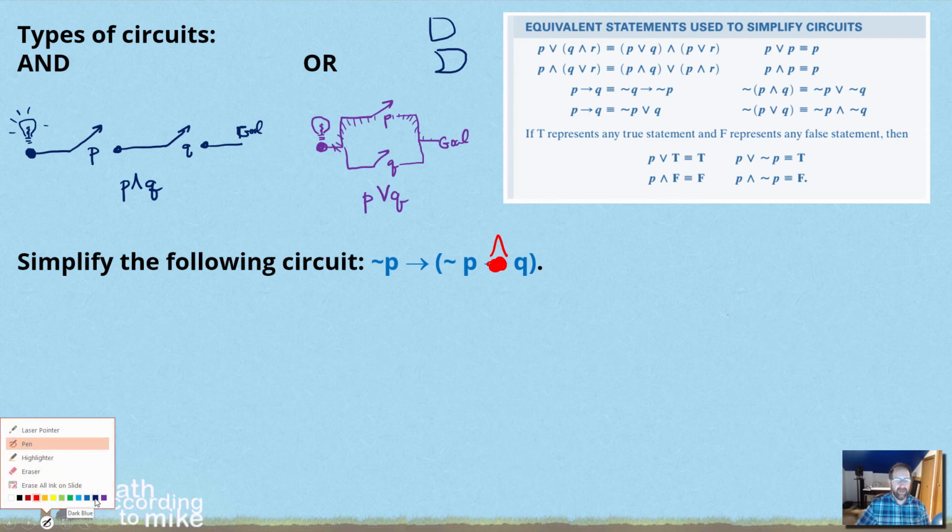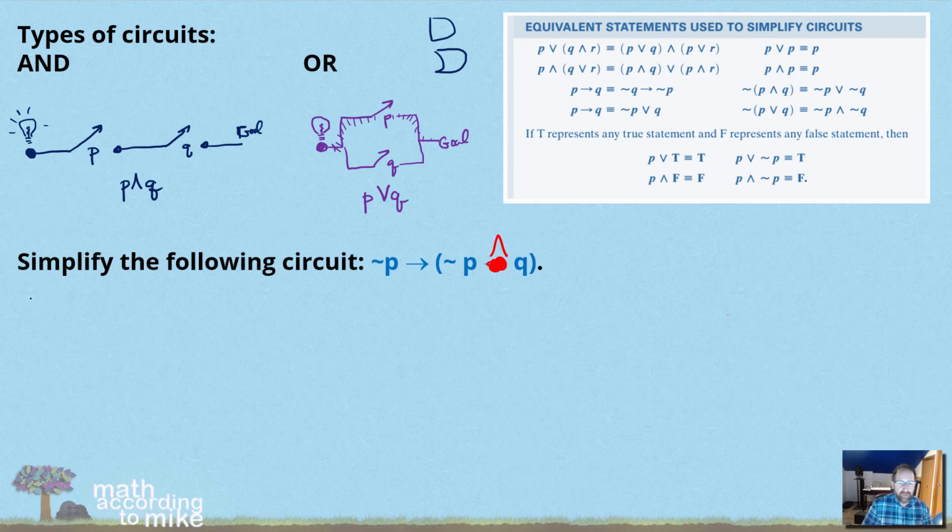Now let's talk about simplifying this circuit. So what's going to happen is our main operation here in not P implies the quantity not P and Q. The main operation is the if-then. So let's get it out of the if-then statement.